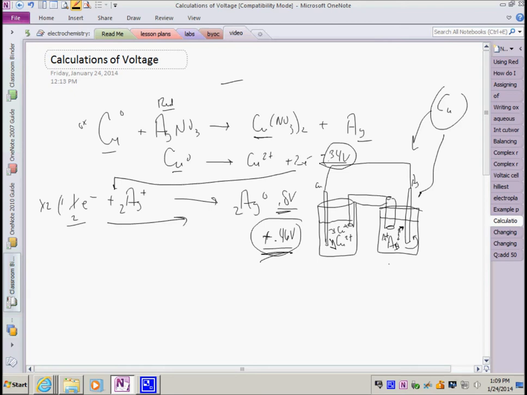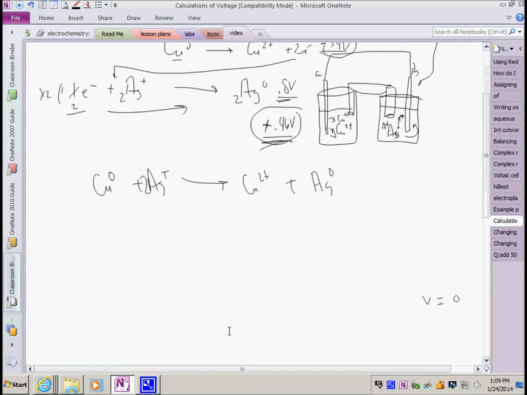Over the course of the reaction, I lose reactants and I gain products. So my copper metal plus my silver ions, 2 of them, go on to produce copper 2+ ions and silver metal. I start out initially fully concentrated.